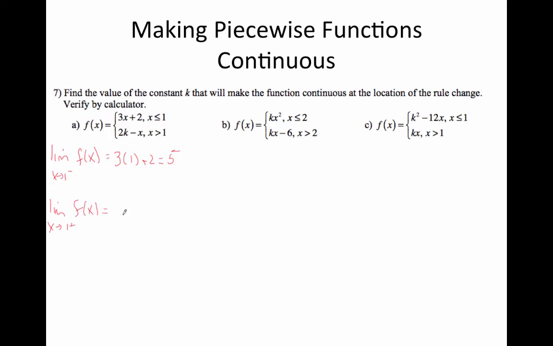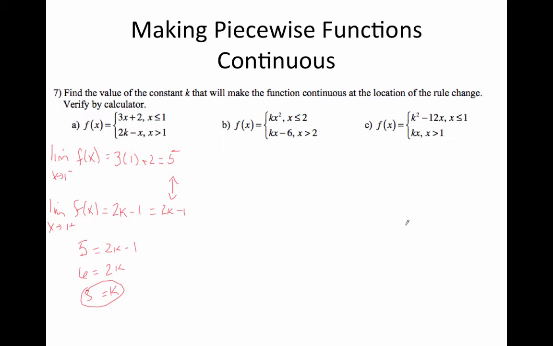We'll put in 1 for x, so we have 2k minus 1, and that's as far as I can go. Now I'm going to take these two limits and set them equal to each other. Bring the 1 to the left. k is 3. So if we put a 3 in place of this k, these two pieces would line up.